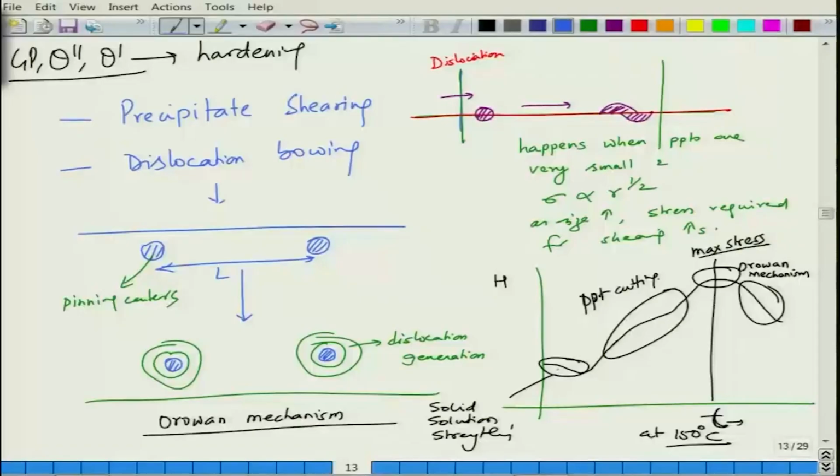And then as theta prime converts to theta, the precipitates become very large, and the dislocations start bowing around them. As a result, the strengthening is lost. So these age hardenable or precipitation strengthenable alloys are those in which you want to form precipitates of optimum size, so that you achieve maximum strengthening, and this happens after solid solution strengthening has already happened. Initially you can see there is a drop in the strength because the copper comes out of alpha.